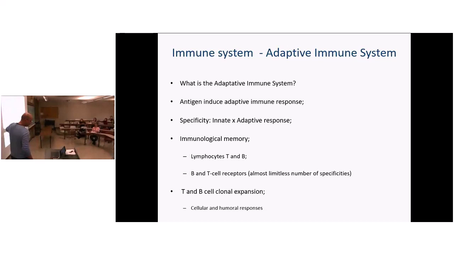Okay? So the B and T cells, as I mentioned before. You have one of the slides at the end of this presentation. You have T cells that are cytotoxic. You have T cells that are killer cells. You have T cells that are regulators.